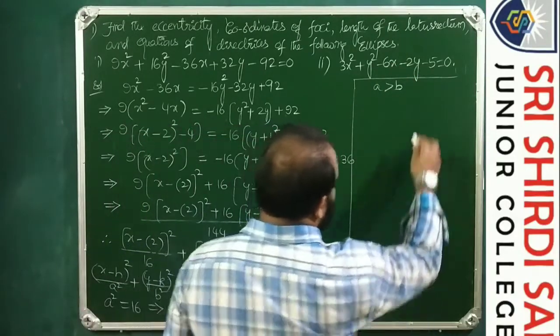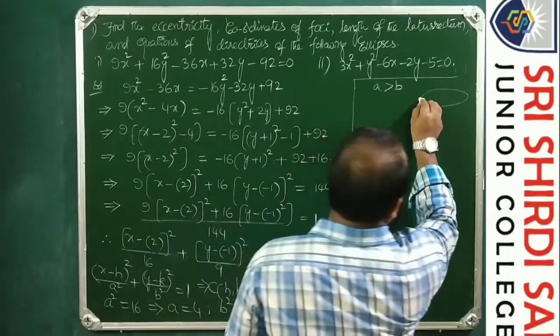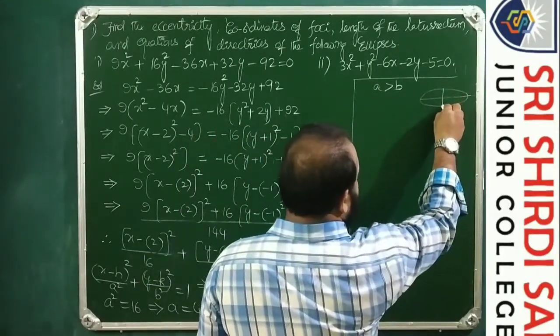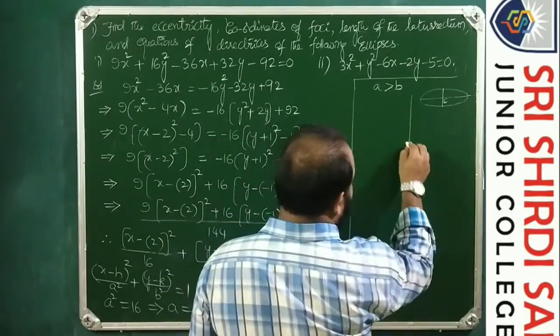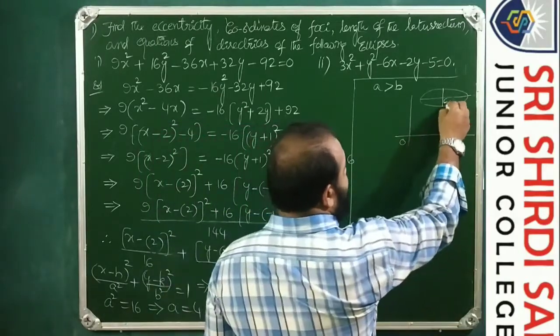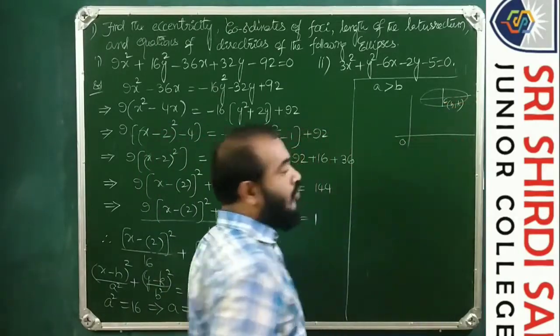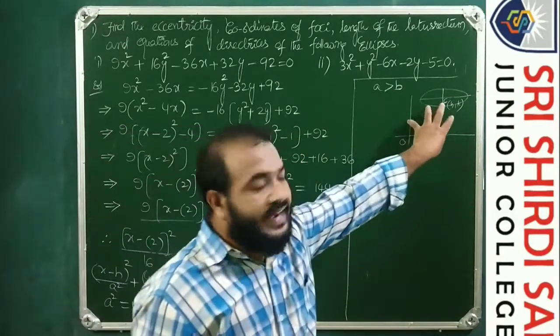That means the ellipse is going to be like this. This is the major axis and this is the minor axis, and the center is not at the origin. The center is shifted. So this is the origin and this is (h, k). So the ellipse is something of this kind.